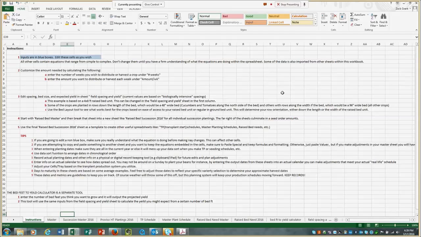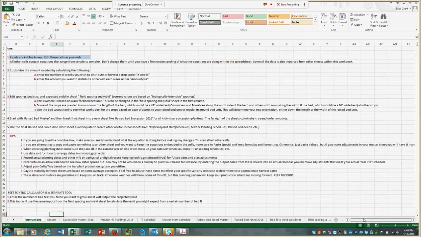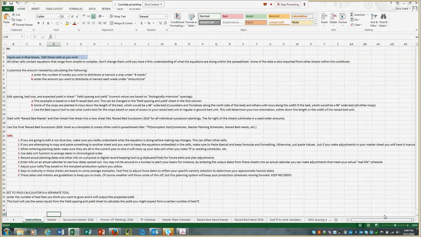A lot of the equations that you're going to see here are pulling data directly from that field and spacing sheet. Okay, if you're attempting to copy and paste something from one sheet into a new sheet, and you want to keep the equations that you have embedded in those cells, you have to make sure that you paste special and keep formulas and formatting. Otherwise, just paste the values only. But if you need to make adjustments in your master sheet, you'll have to do it manually.